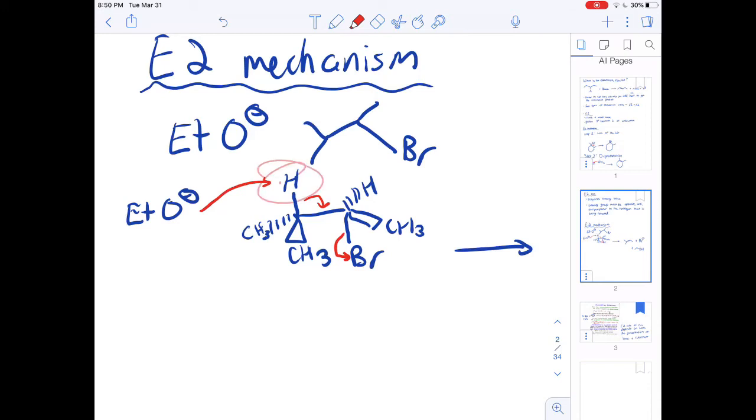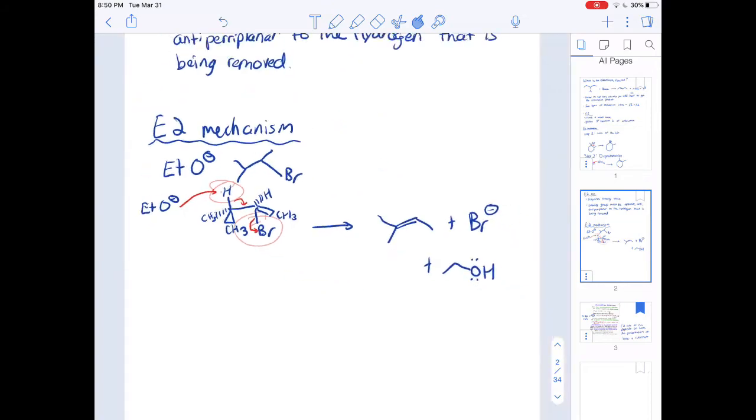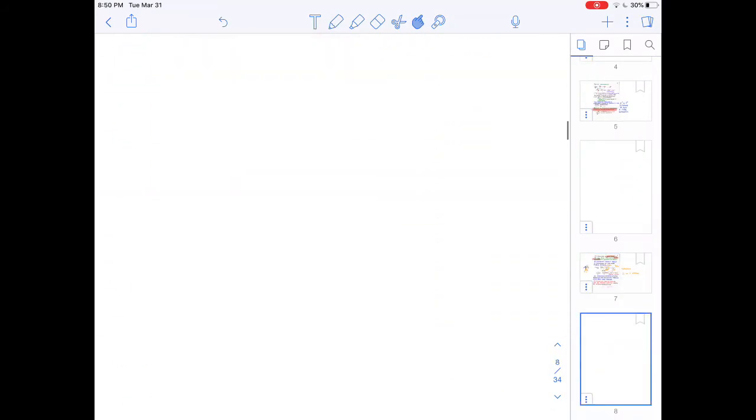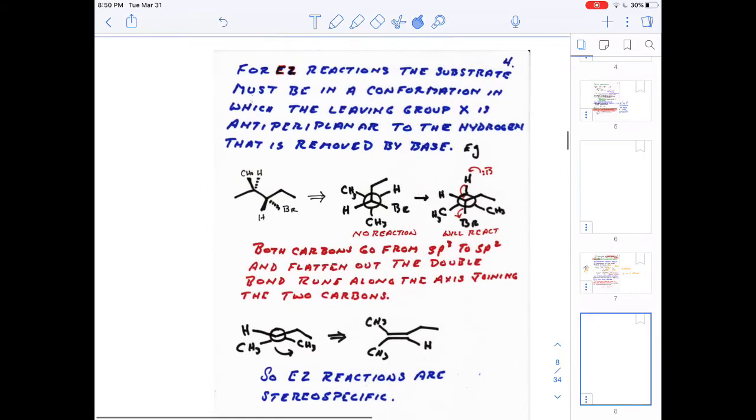This hydrogen has to be anti to the Br. To know for sure if it is, you should draw the Newman projection. And if it's not, you have to rotate one of the circles so that they're anti and then do your elimination reaction.